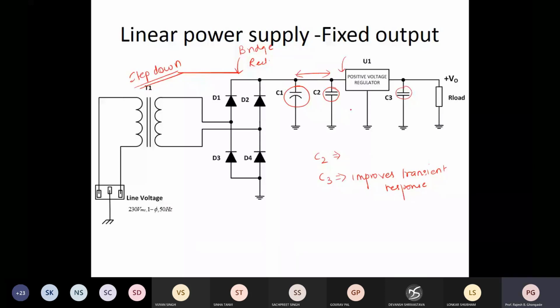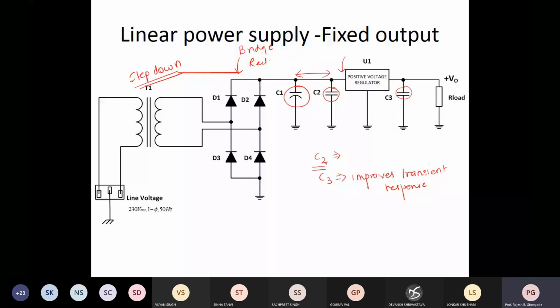Because if the distance is larger, this wire inductance may also come into picture, and to swamp out that particular inductance, to compensate for that inductance, we use a capacitor over here. So that is the function of C2. These are all things which are given in the data sheet. So please remember, this is the topology for a fixed output linear power supply, which is giving us a positive output. We are going to see a detailed design.